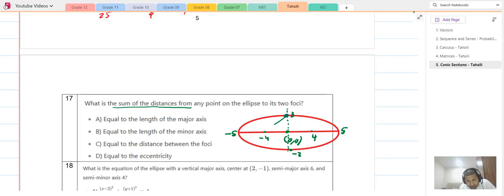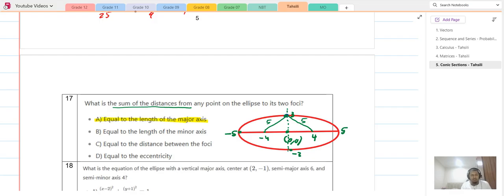So there are the two foci, and any point on the ellipse. So we got a 3, 4, 5 triangle, so that's 5. So it's basically equal to 5 plus 5 is 10, right? From minus 5 to 5, so equal to the length of the major axis. That's one of the properties of an ellipse.